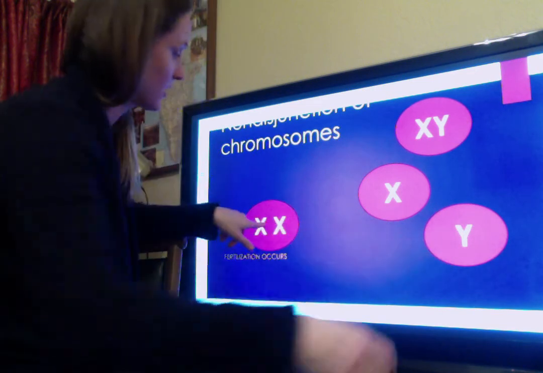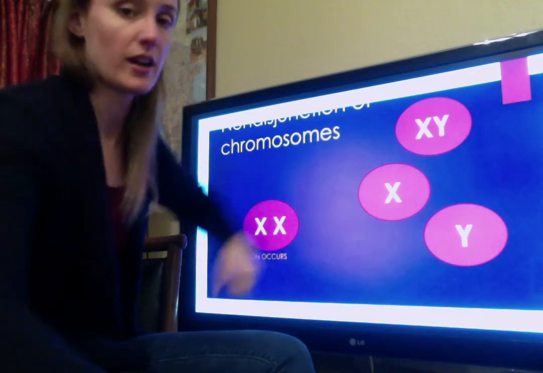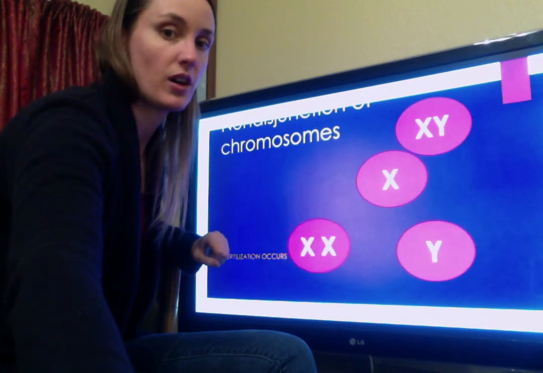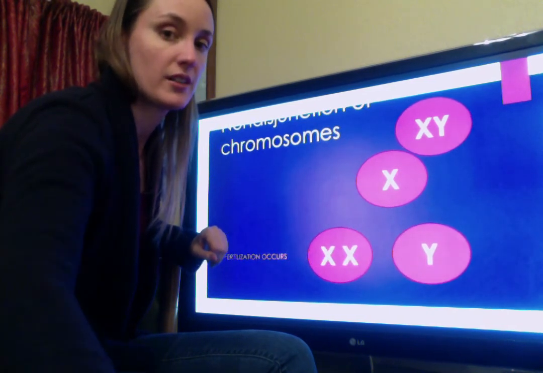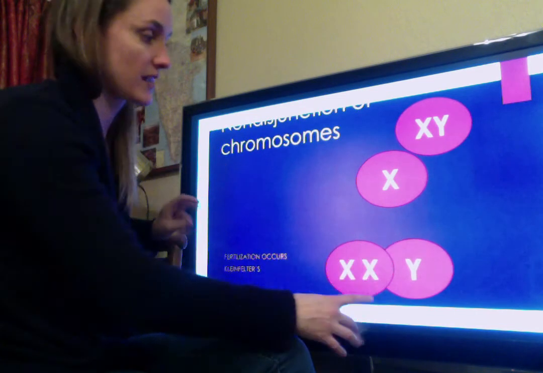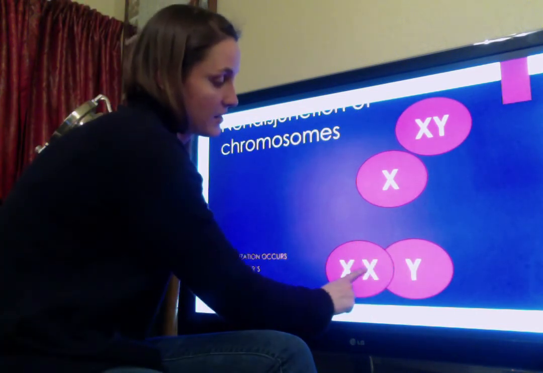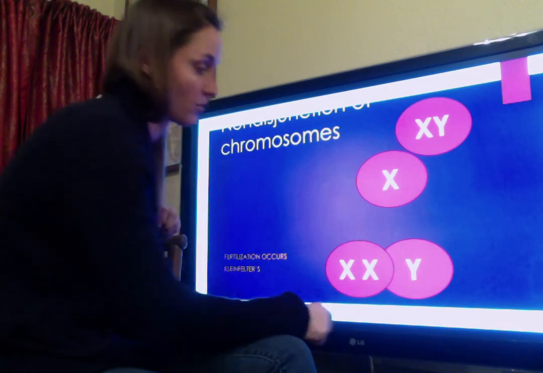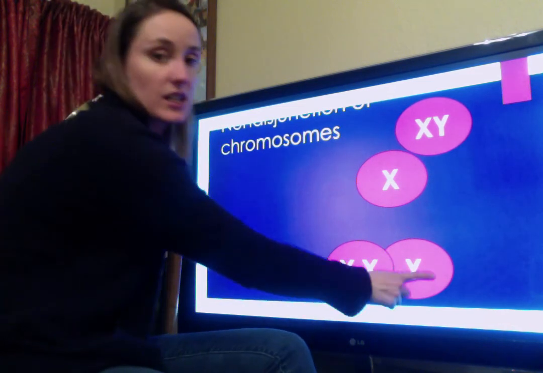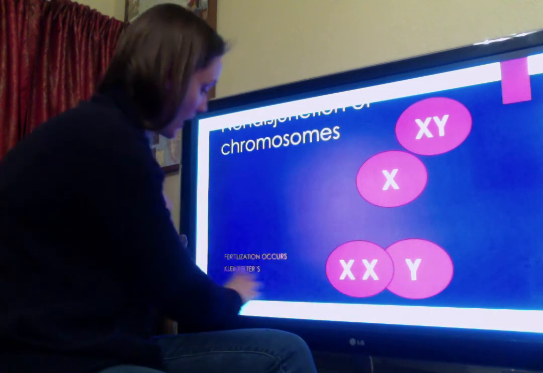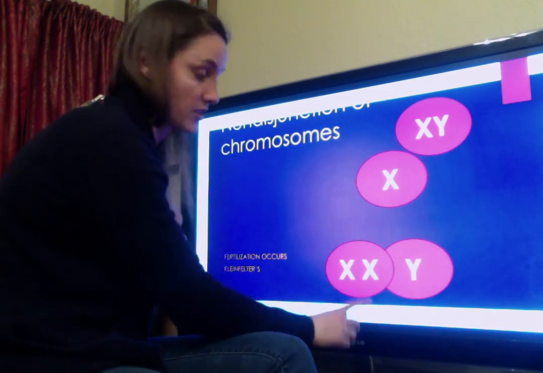So the X and the Y are coming together, and they move along, and they join, and conception just happened, and it got fertilized. But notice that this is going to be X, X, Y as a result. So nondisjunction happened, which led to this XXY, and we end up having Klinefelter's.